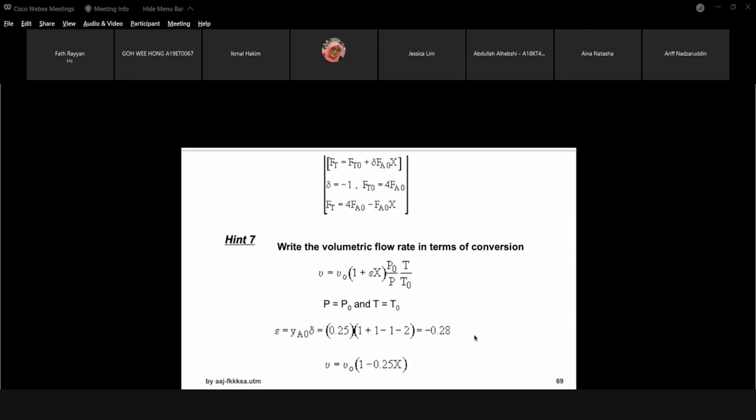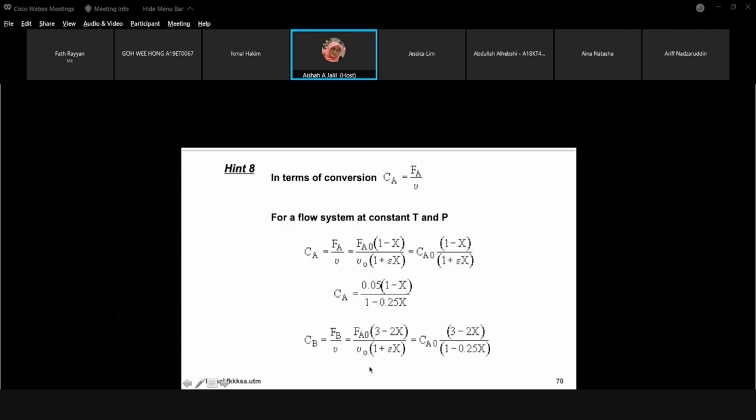Then when they ask you, this is the volumetric flow rate in terms of conversion. Okay, this is isobaric isothermal, so you can ignore, you just put this one. You can get this one for the epsilon. You can get this one when you put the epsilon, it becomes like this.